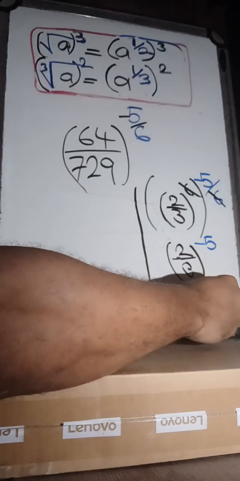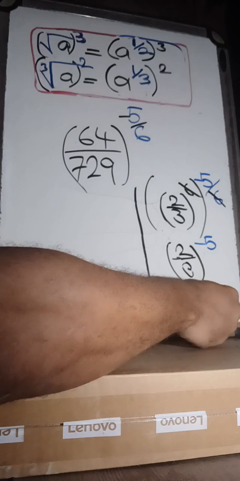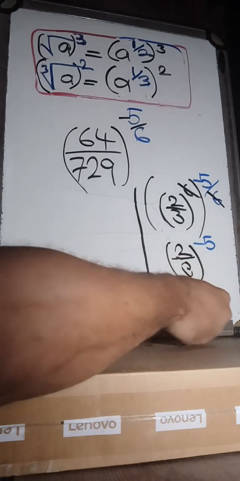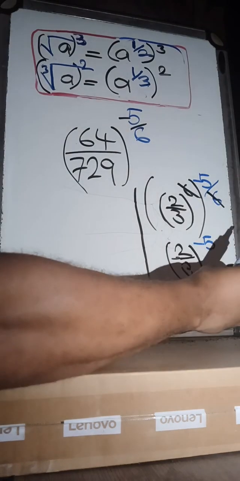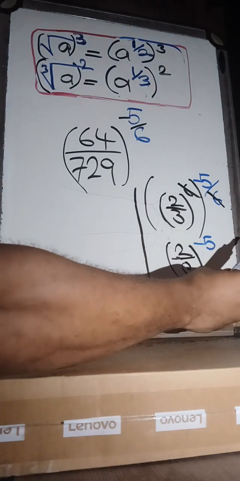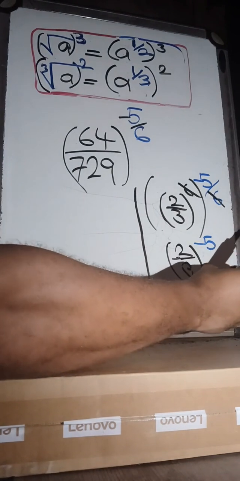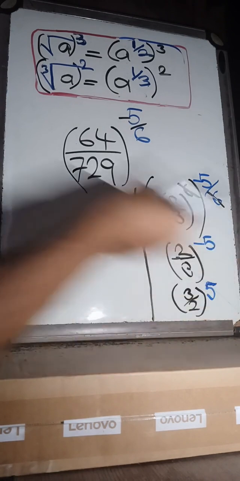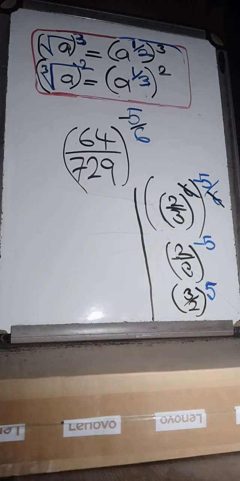What I have is 3 over 2 raised to the positive 5. So that's going to look like 243 over 32.